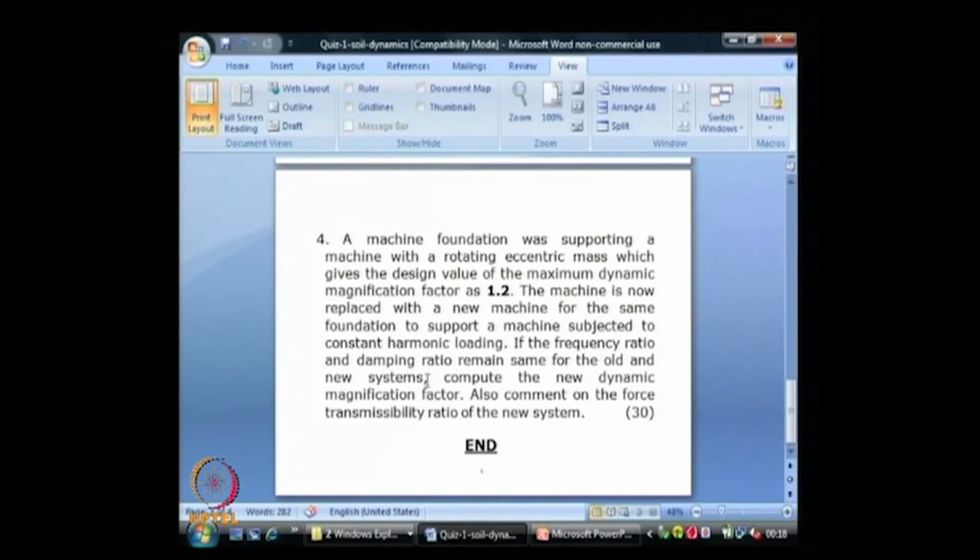If the frequency ratio and damping ratio remain the same for the old and new systems, compute the new dynamic magnification factor and also comment on the force transmissibility ratio of the new system. That is, as a designer, I want you to comment on whether the new machine installed on the old foundation is safe or not.